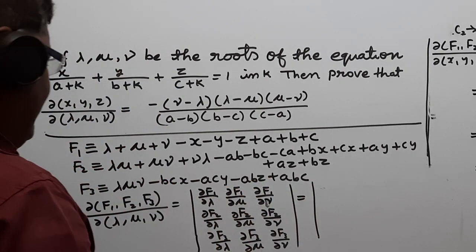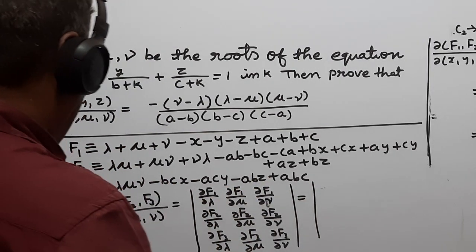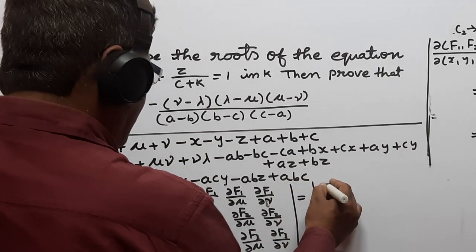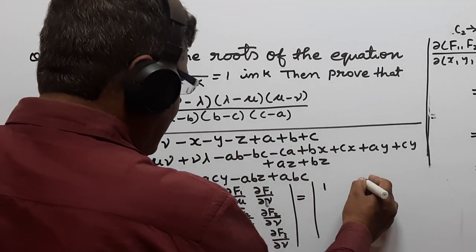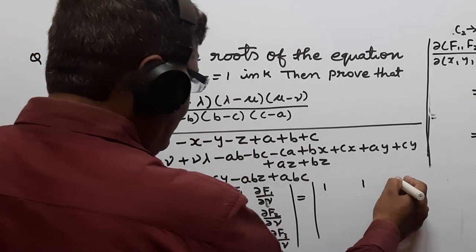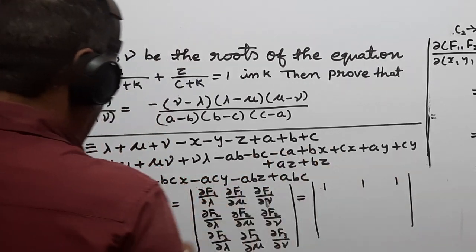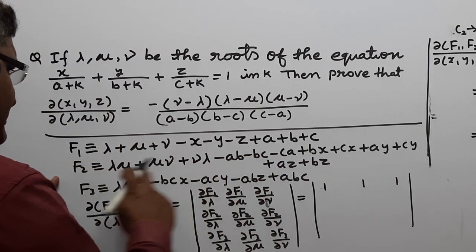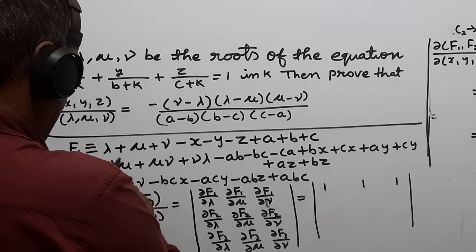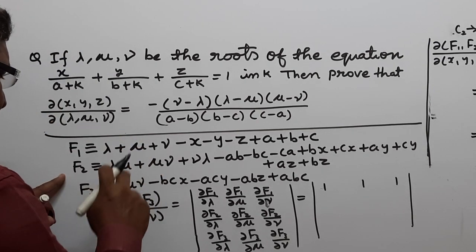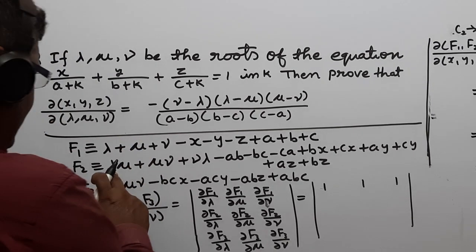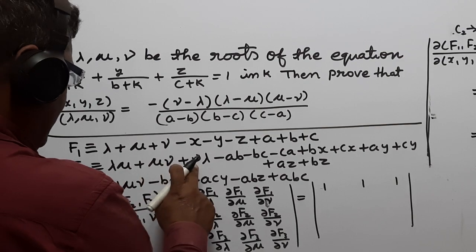First we differentiate f1 partially with respect to lambda, we get 1. With respect to mu, we get also 1. With respect to nu, we get also 1. Now we differentiate f2 partially with respect to lambda, so there will be mu plus nu.